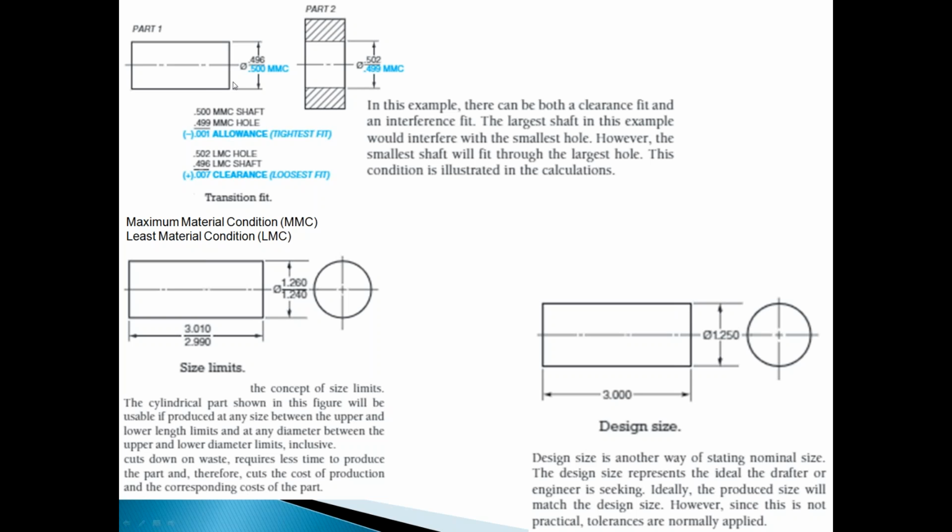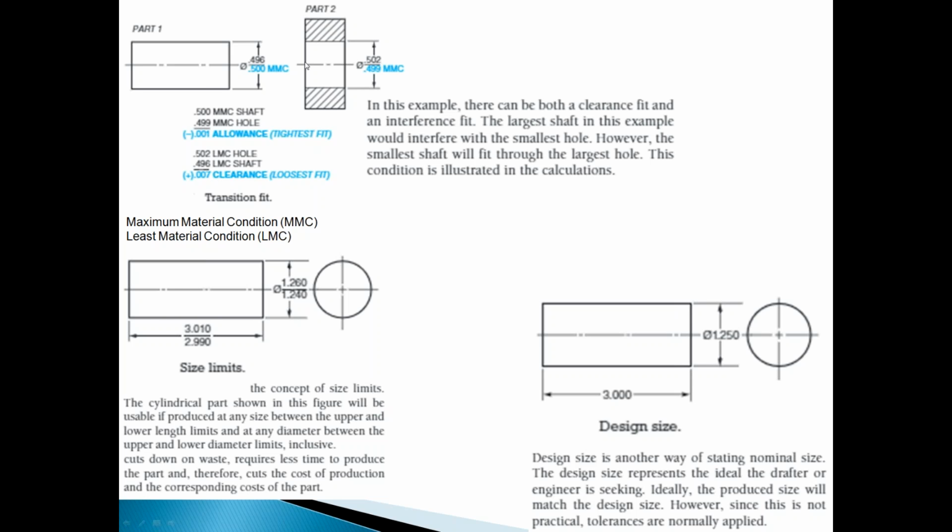If this shaft is 0.5 and the hole is 0.499, this shaft can be inserted into the hole very tight. You have to kind of squeeze them in. But if this shaft happens to be 0.501, then I don't think you can fit it into the hole. So that's the point. You want to see how loose you can go, and the most you can do is 0.007.